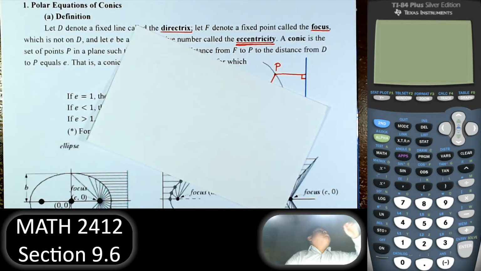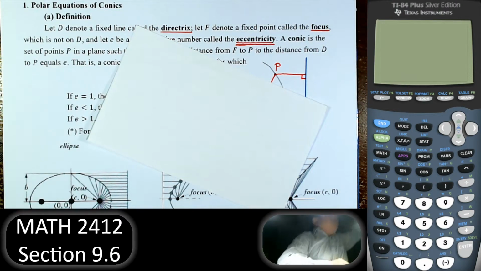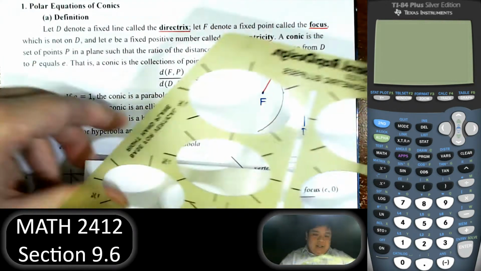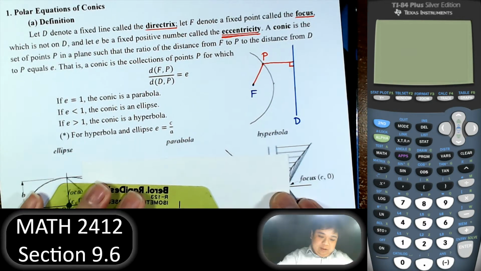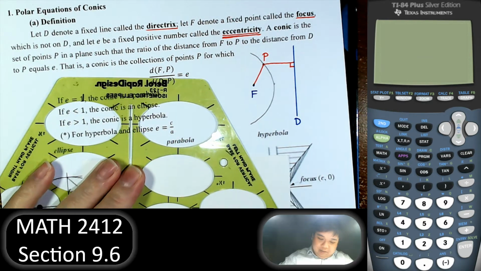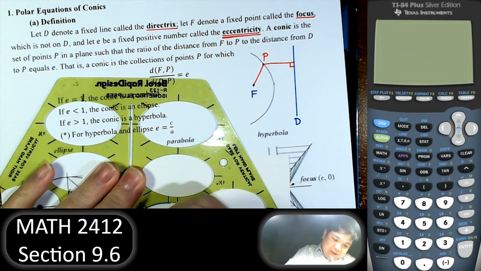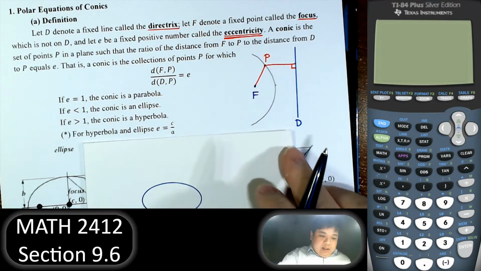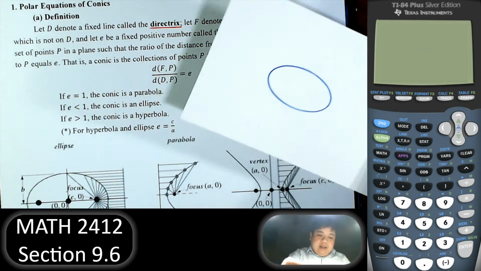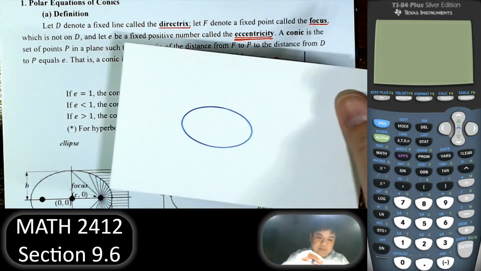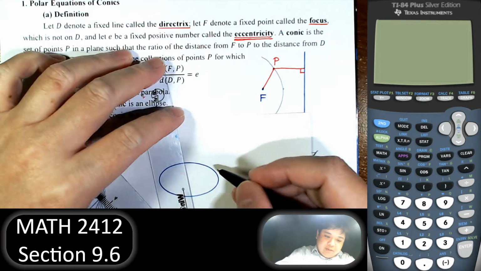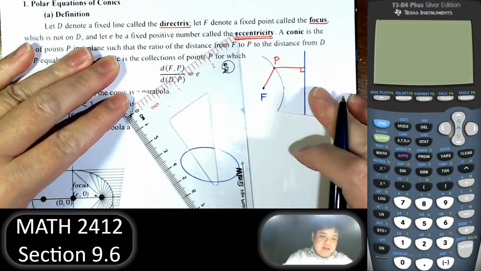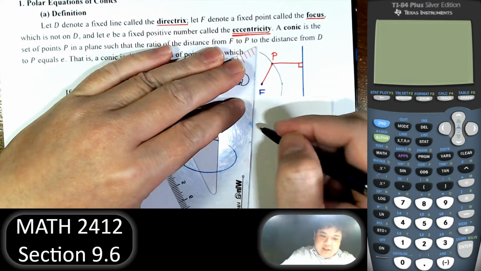Let's see. I have an ellipse, a small ellipse, and then a directrix.